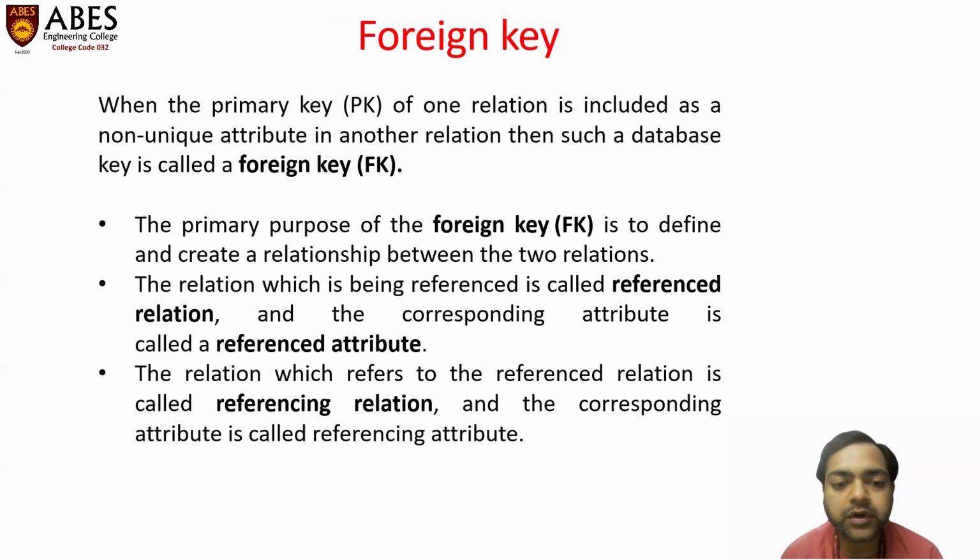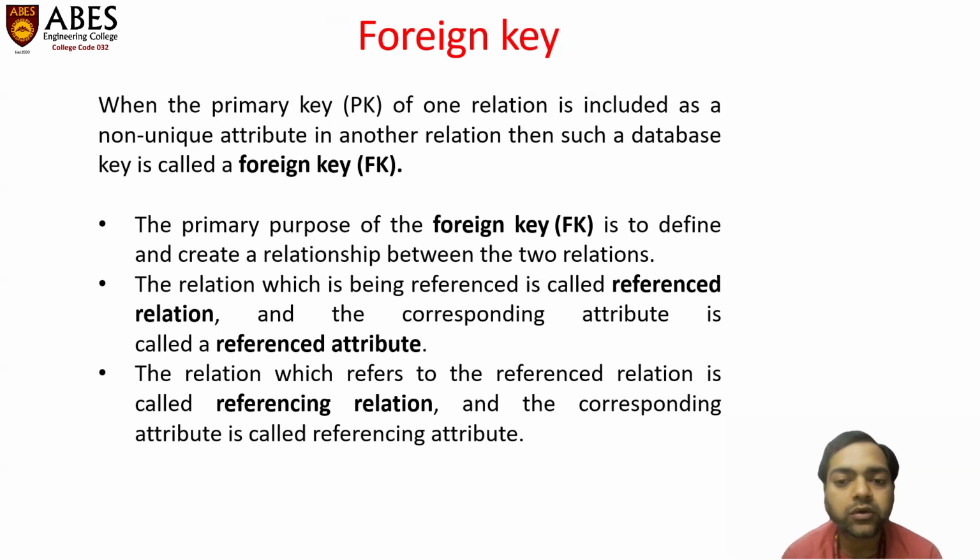The primary purpose of the foreign key is to define and create a relationship between the two relations, as we have already discussed. The relation which is being referenced is called the referenced relation, and the corresponding attribute is called the referenced attribute, right? The relation which refers to the referenced relation is called the referencing relation, and the corresponding attribute is called the referencing attribute.